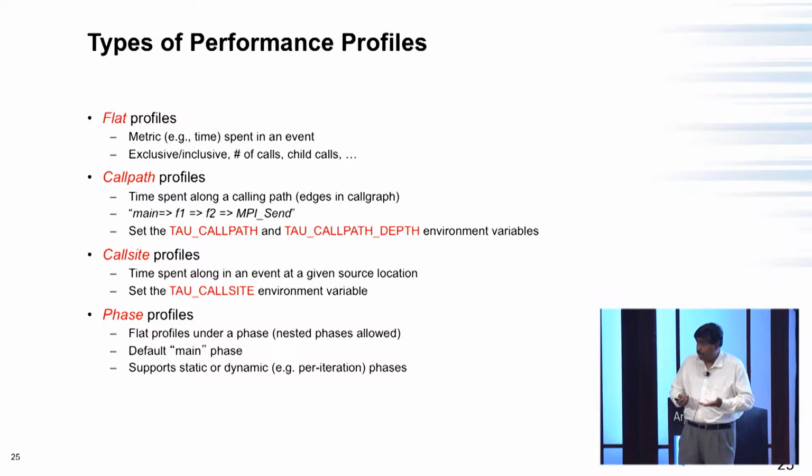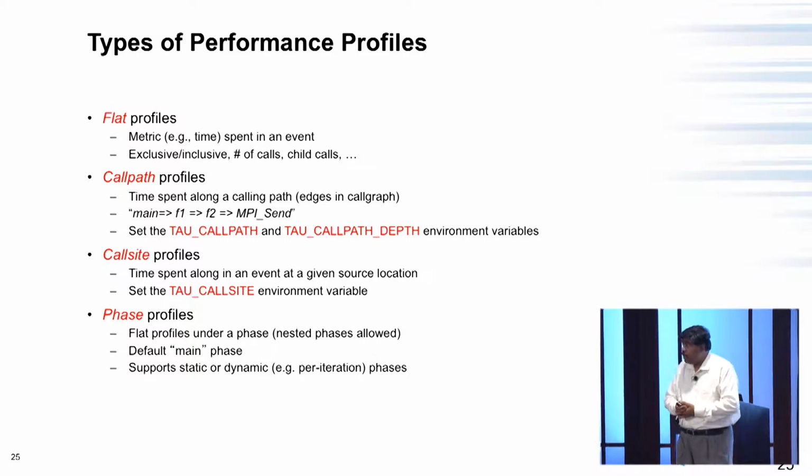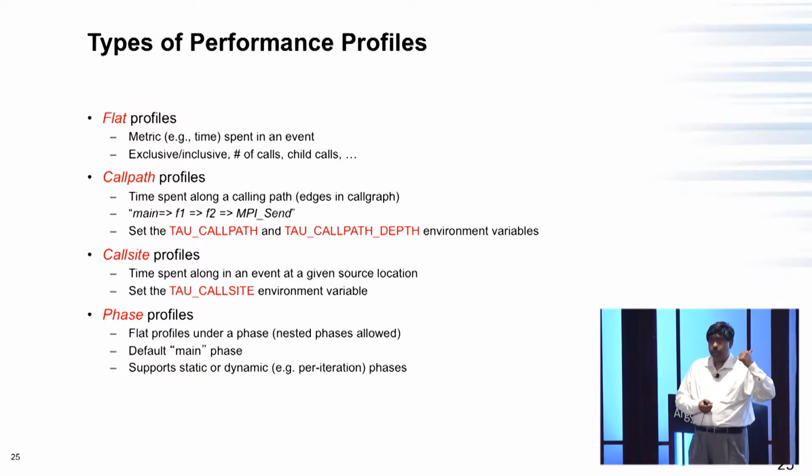Okay? Now you say that's terrible. Okay, which MPI barrier? Then you turn on TAU_CALLPATH equals 1, and it will show you that MPI barrier called from, say, the solve routine took 80% of the total time.